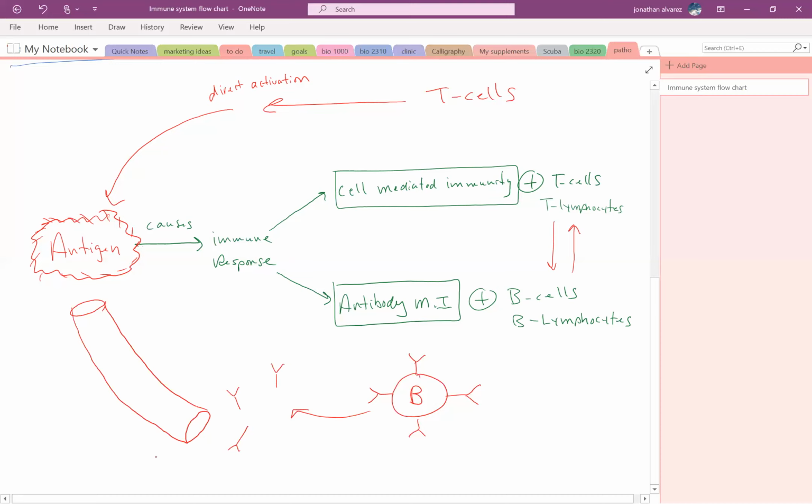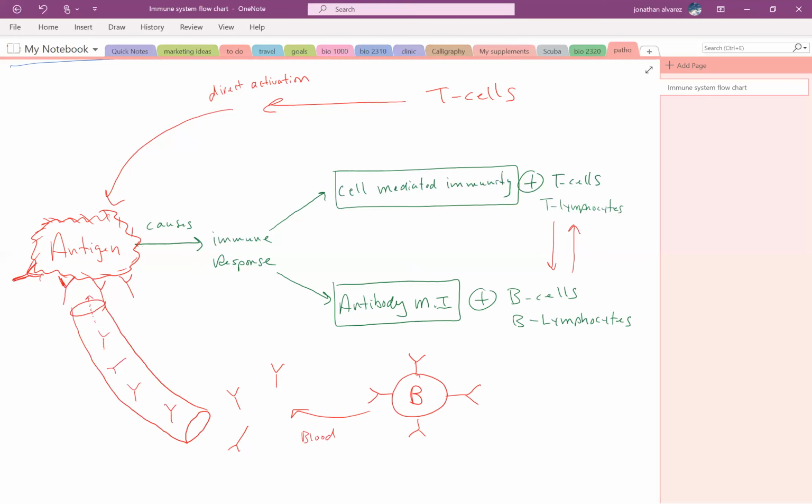So it's released in blood, and these Y-shaped antibodies will go and bind to the antigen and destroy it. That is known as antibody-mediated immunity, function of the B cells.